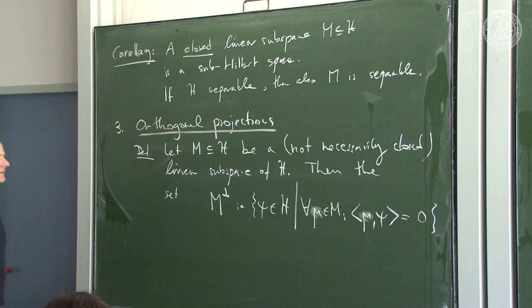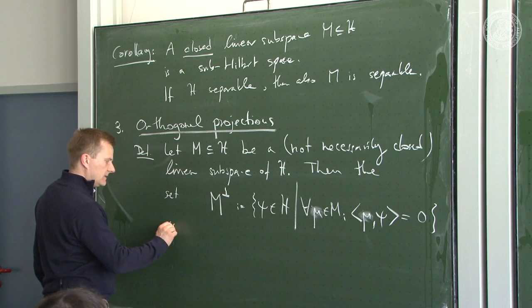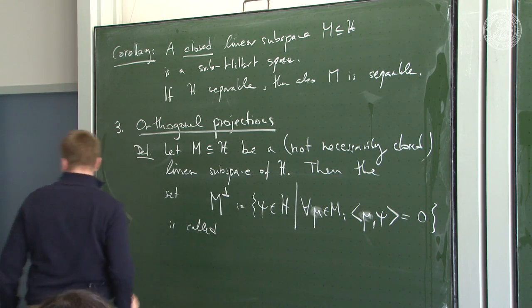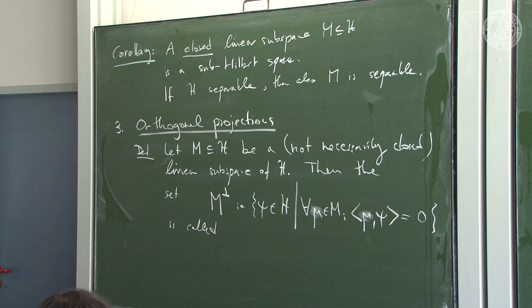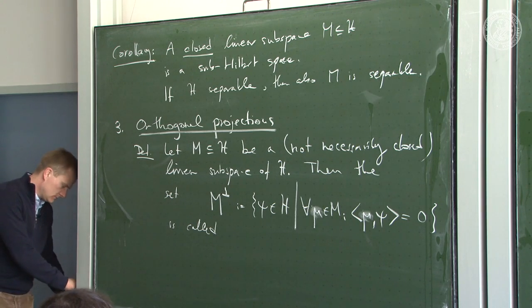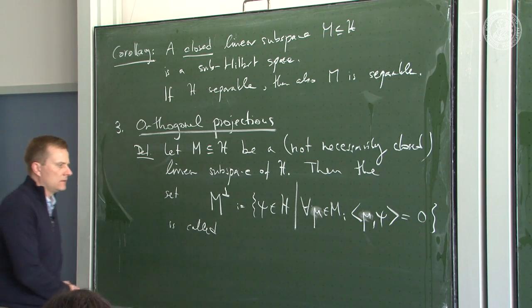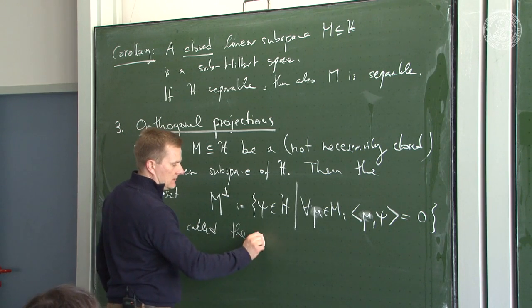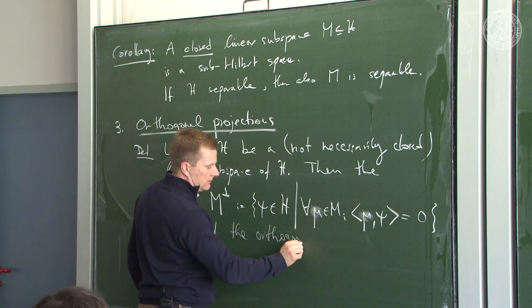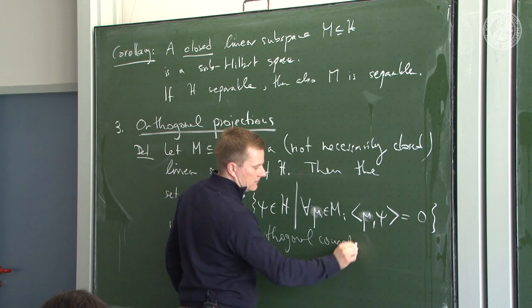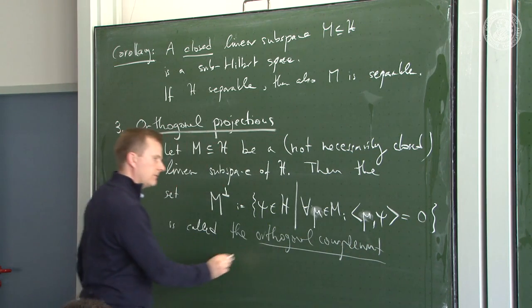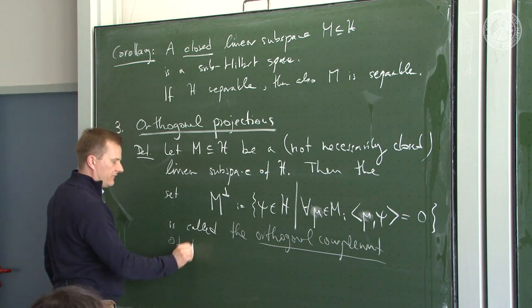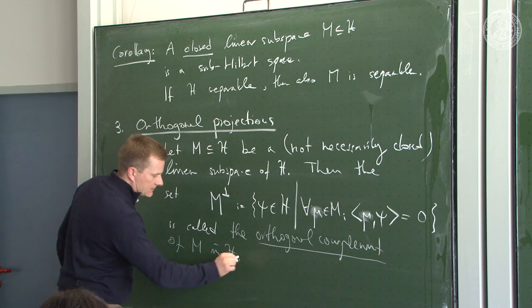Then the set M orthogonal is called the orthogonal complement of M in H.